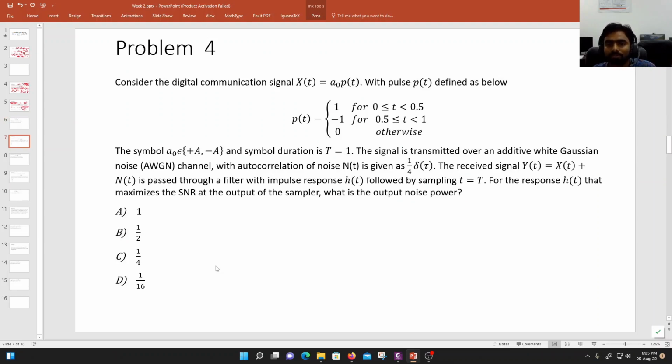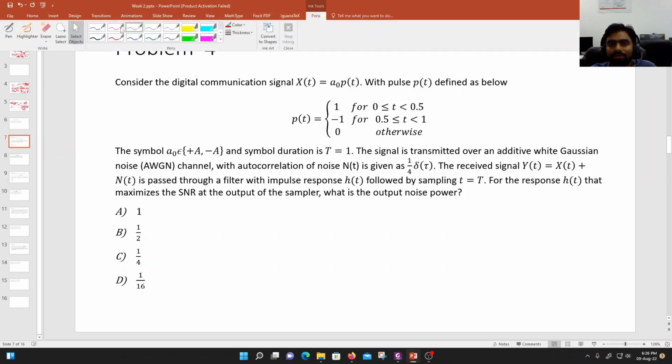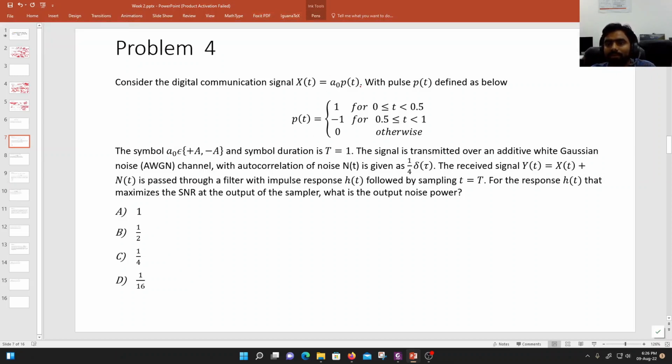Now, the fourth problem. Consider a similar communication system where x(t) is a naught p(t), the same pulse p(t), but the symbols are different. Previously the symbols were plus 1 and minus 1. Here the symbols are plus A and minus A, and the symbol duration is the same, T equal to 1.